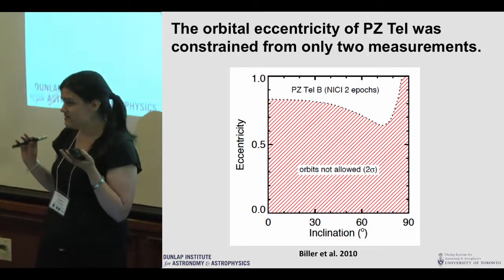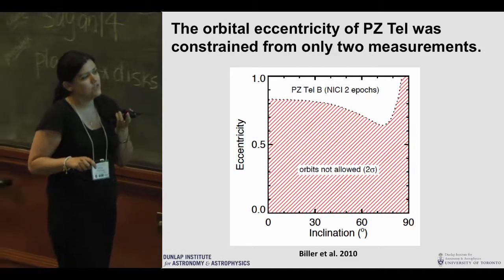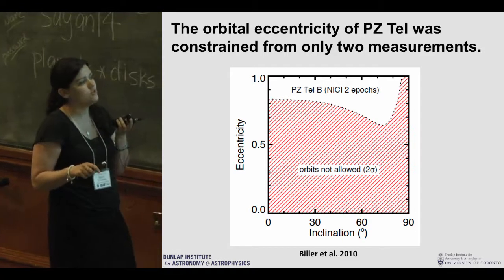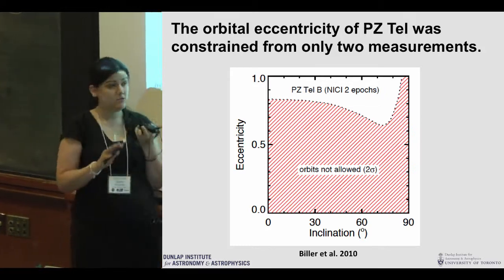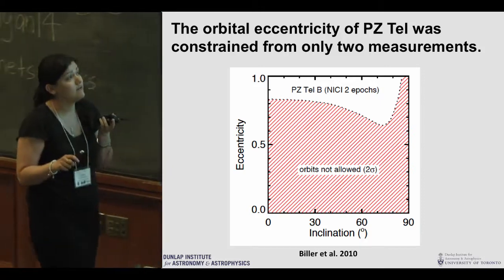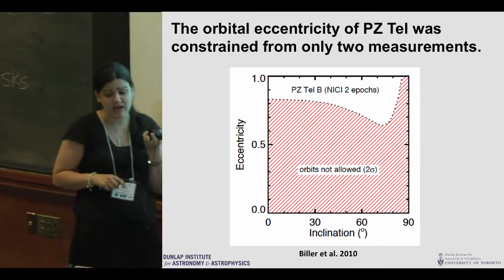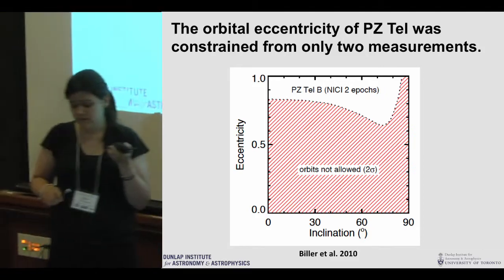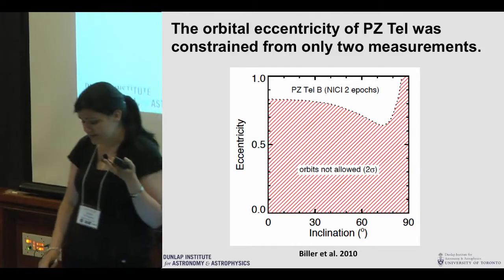They've fixed the mass of the star in this analysis. But when they do that, they can take just these 2 measurements and sample through a bunch of different inclinations and the 2 omegas that I was showing you. And they were able to find that the eccentricity of the system should be relatively high based on only these 2 epochs of measurements. So here are their 2 sigma allowed orbits.